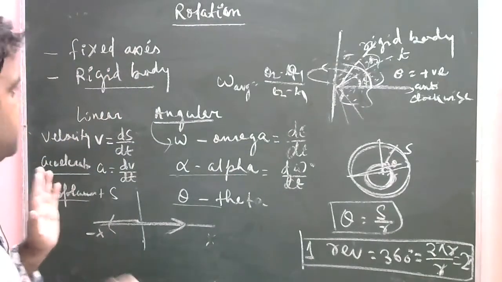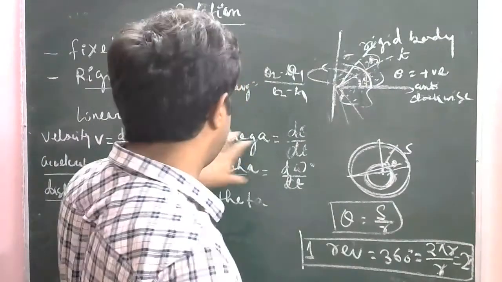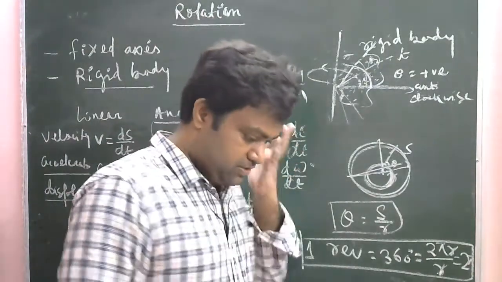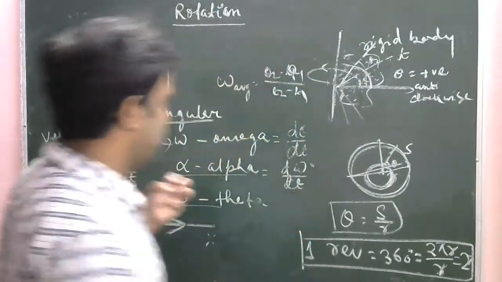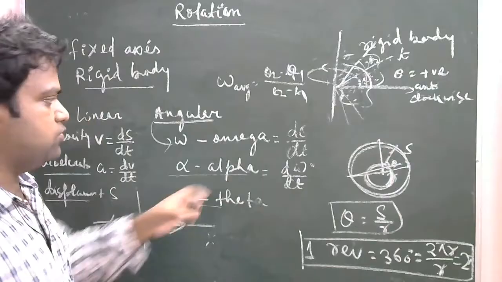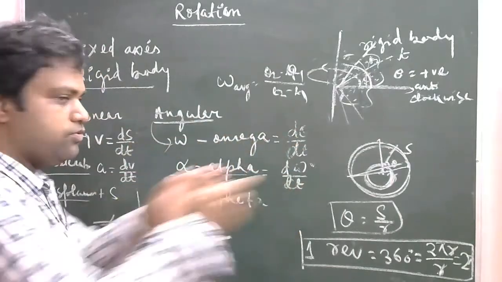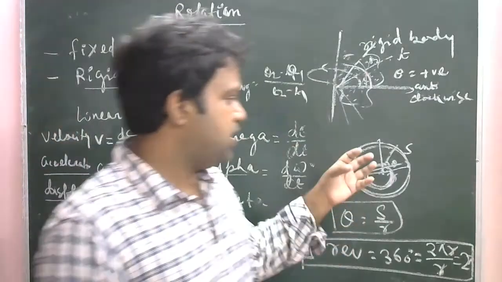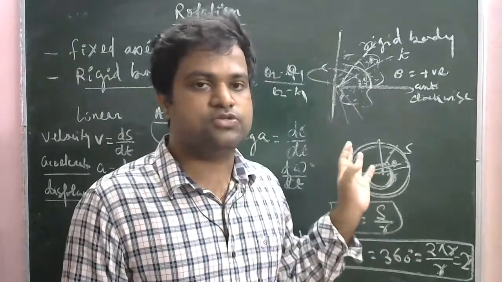So this much we'll discuss in this class. Now we'll solve one problem based on this. This is very important. Then in the next video, I'll discuss the relationship between the linear case and the angular case, and how you can correlate them. Because rotation is not as simple as it looks.